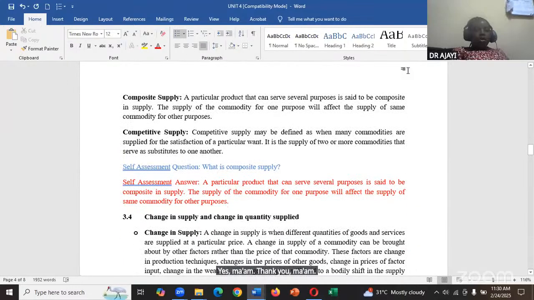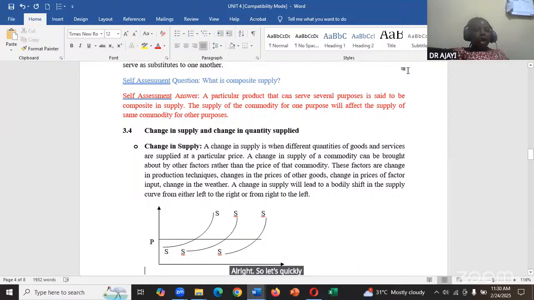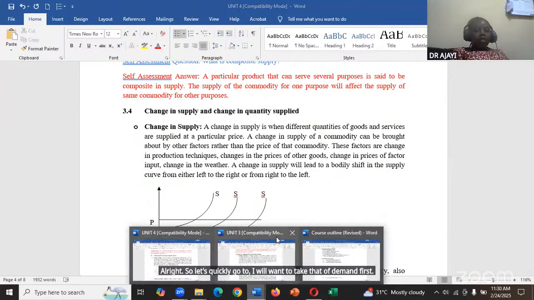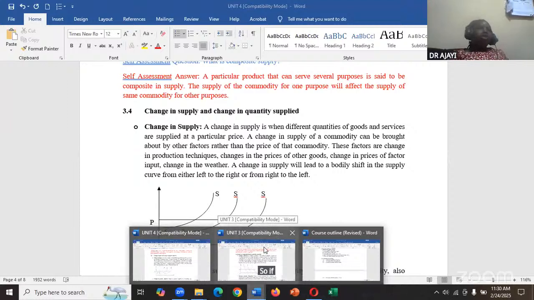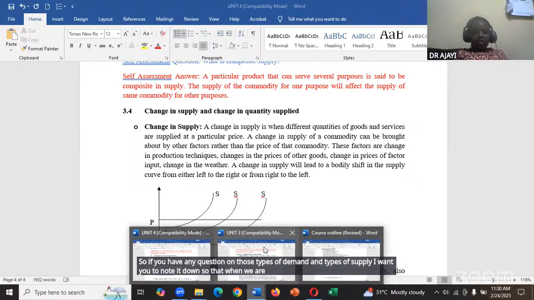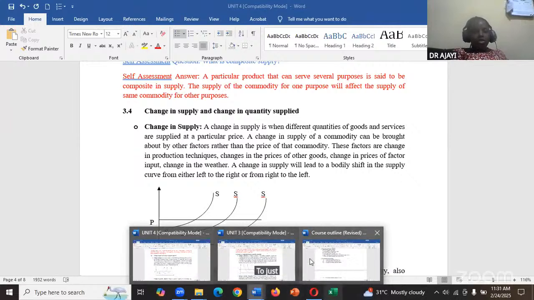So let's quickly go to, I will want to take that of demand first. If you have any question on those types of demand and types of supply, I will want you to note it down so that when we are rounding up the class, we'll just quickly go back to those questions.